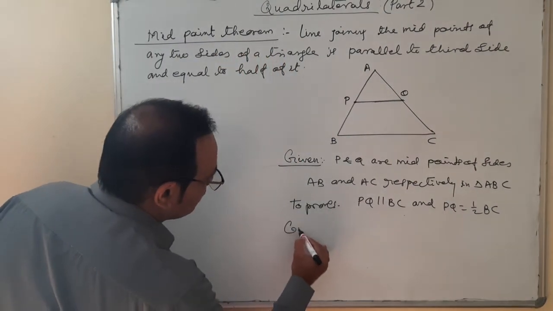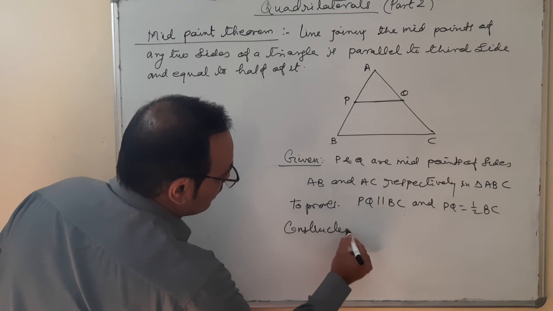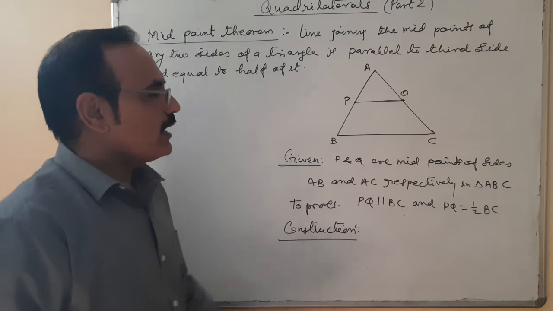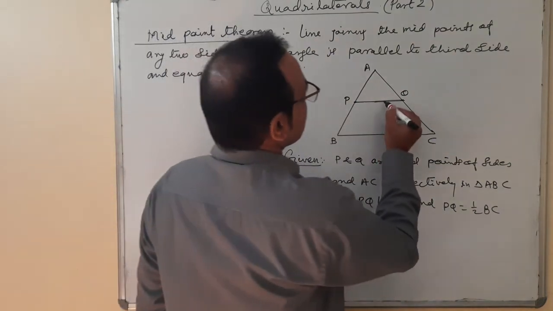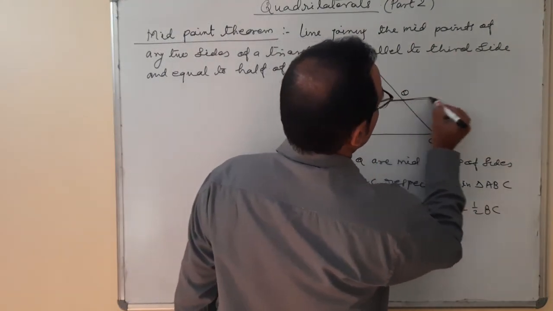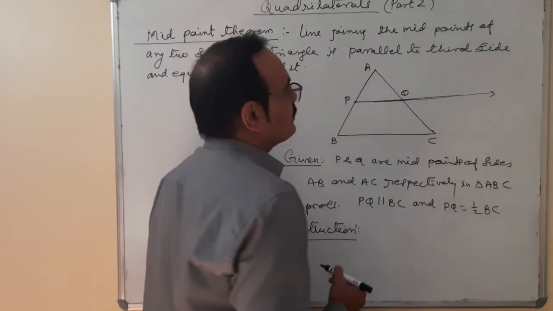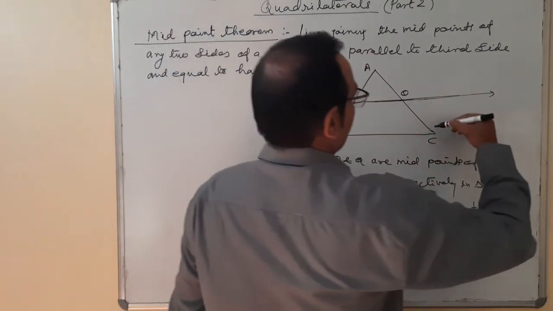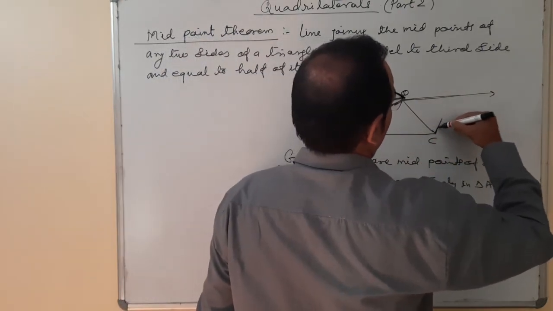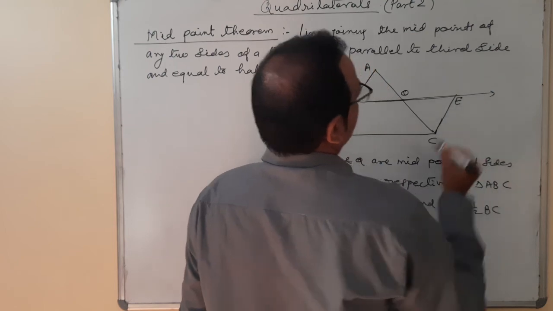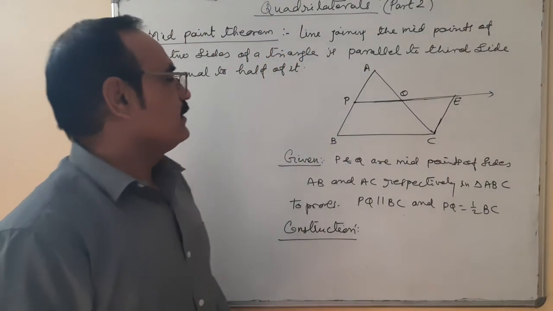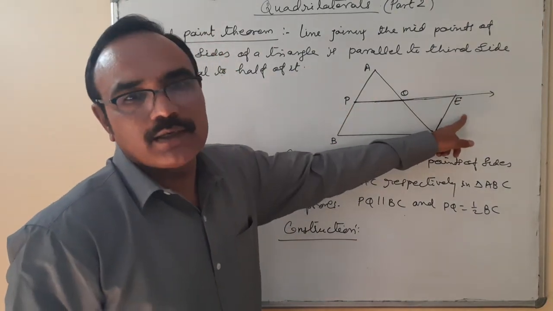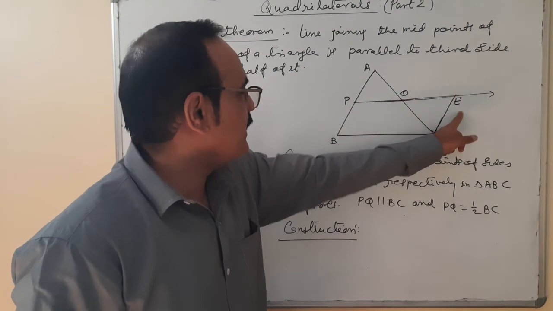Construction is required here. In construction, what should I do? I'll extend PQ. Through point C, I have to draw a line which is parallel to BA, which intersects at E. So what should be done? Extend PQ to E such that CE is parallel to BA.